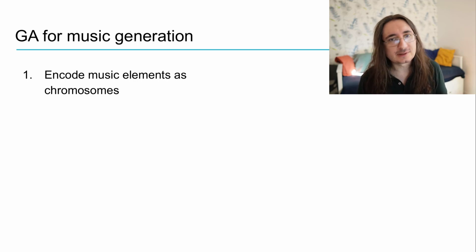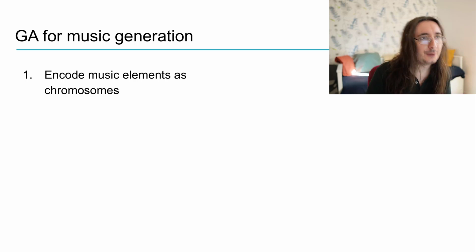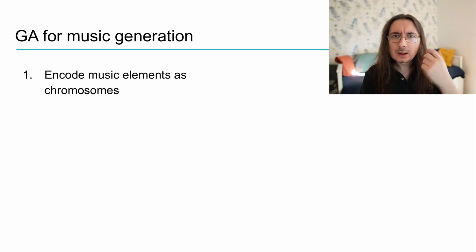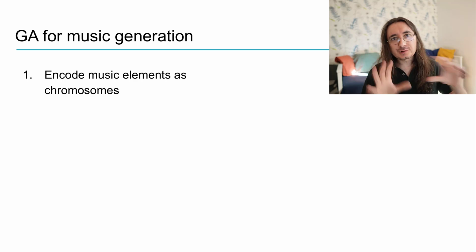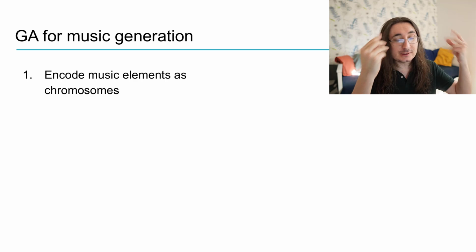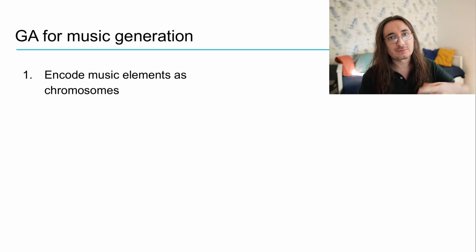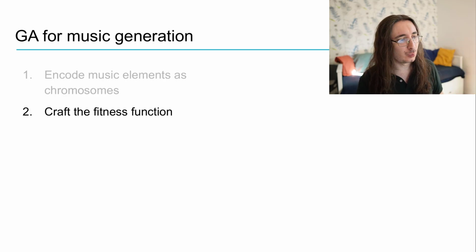The usual parameters, like for example, melody, rhythm, or the whole composition, or a drum pattern. We have to find an encoding that works so that we can take all of these musical concepts and encode them as a chromosome, and use those chromosomes for running these genetic algorithms.